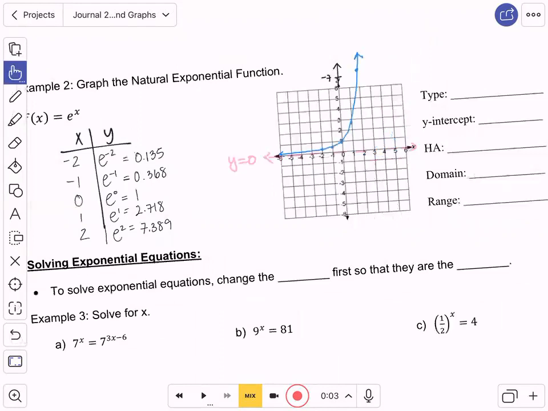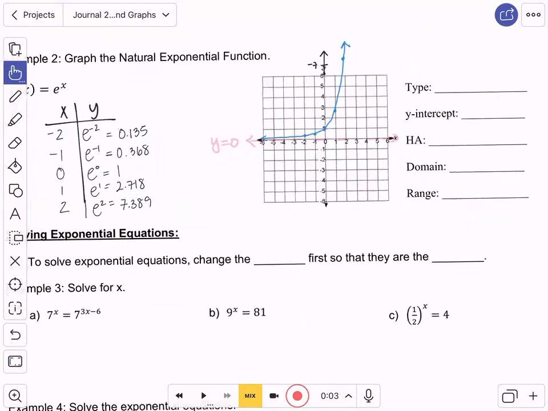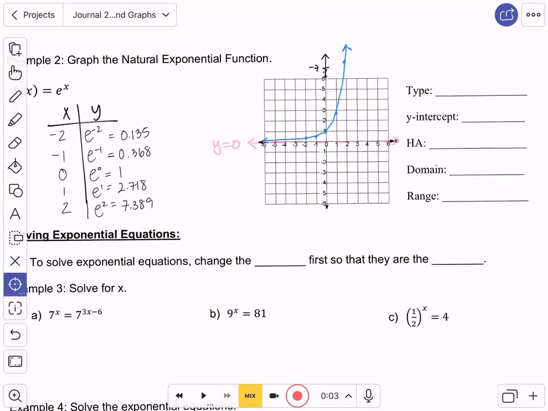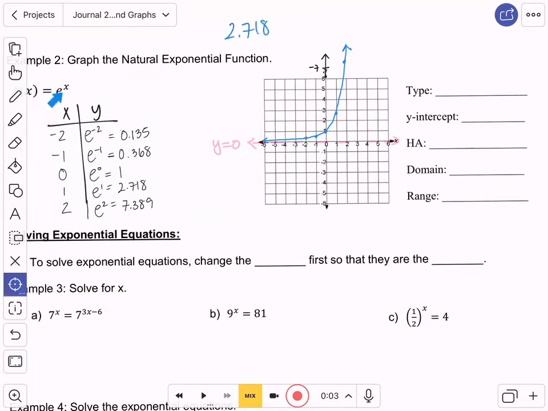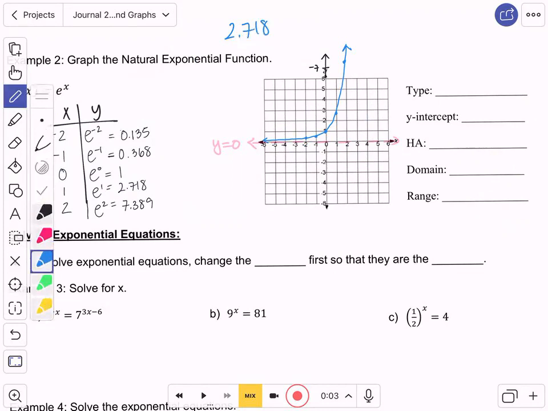So e works the same way as any exponential graph. That should make sense because e is an actual number, 2.718, and that's the base. It's written as a letter because it has a lot of decimal points, and we don't want to write all the decimals. So the horizontal asymptote for e is also at y equals 0.